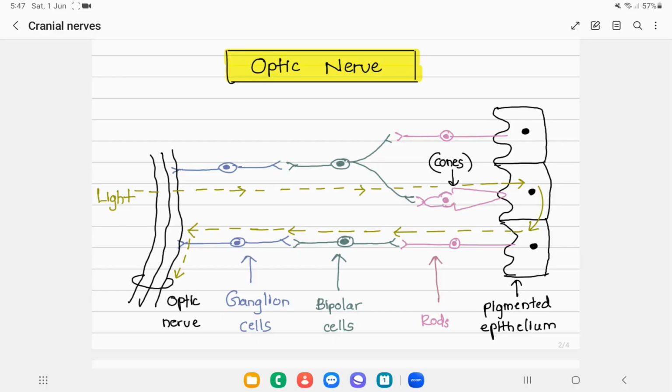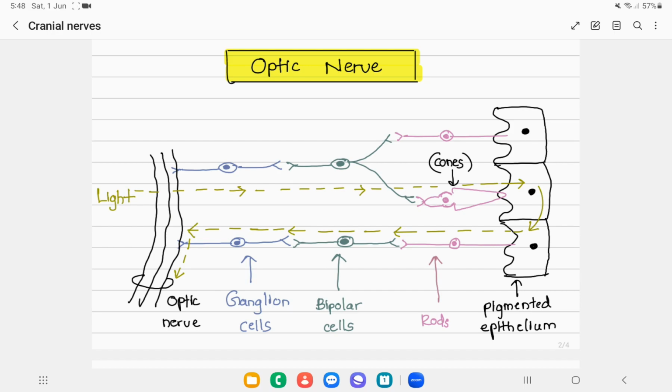The optic nerve or the visual pathway conveys visual impulses from the retina to the visual cortex in the occipital lobe of the cerebrum. The visual impulses are generated in the rods and cone cells of the retina. Here I have drawn a picture with cone cells and you can see the rods.